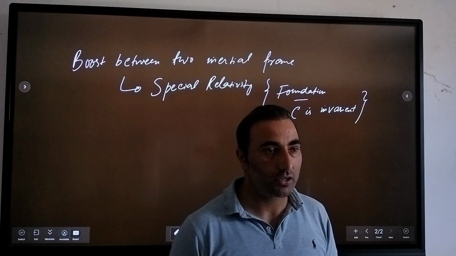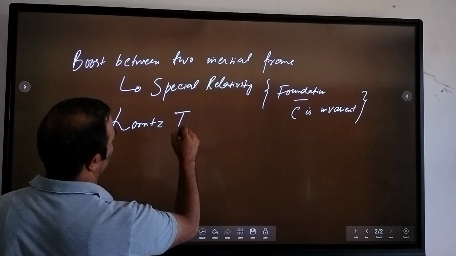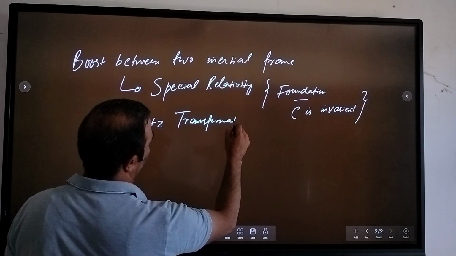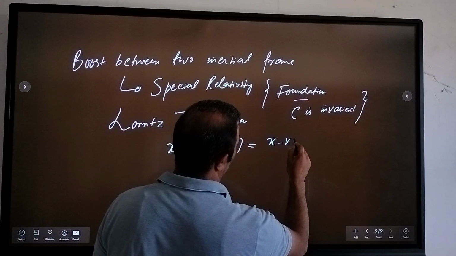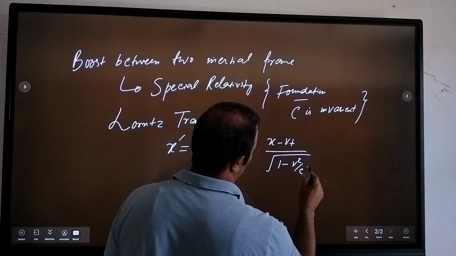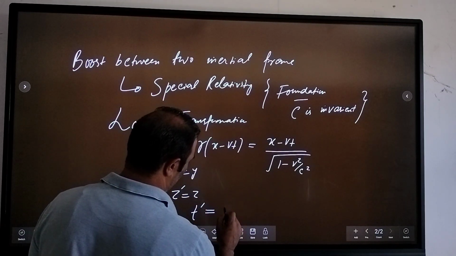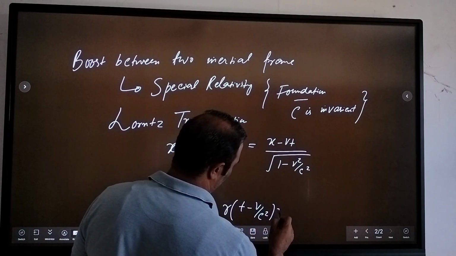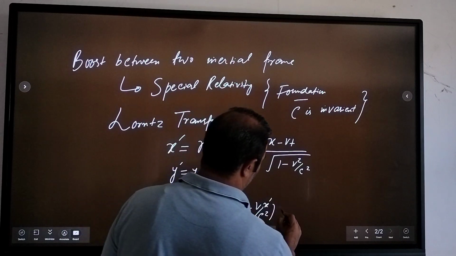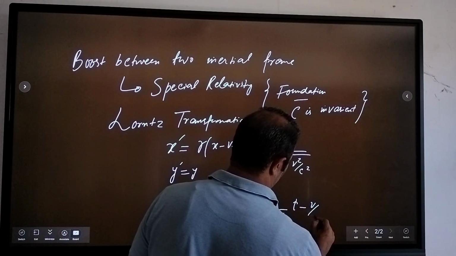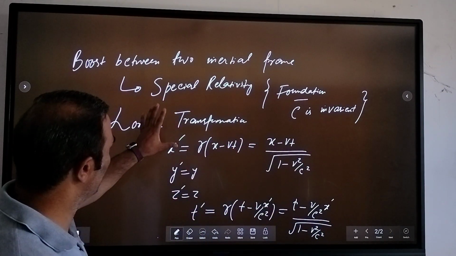We have transformation equations known as Lorentz transformation equations, that is x prime equal to... So this is basically special relativity.